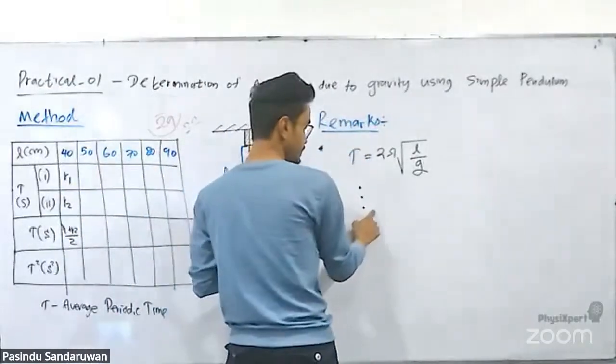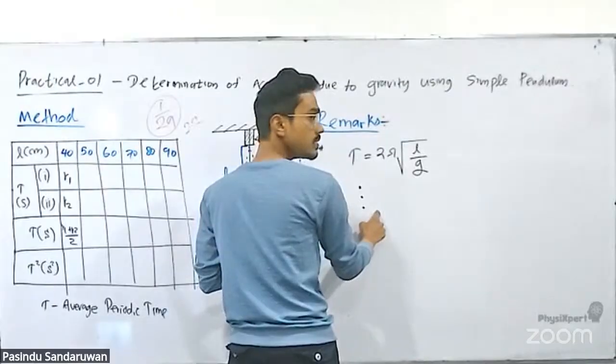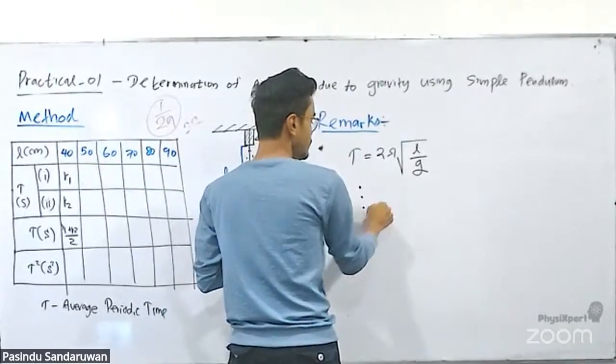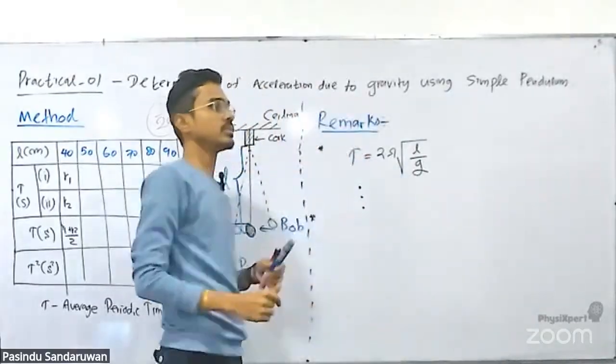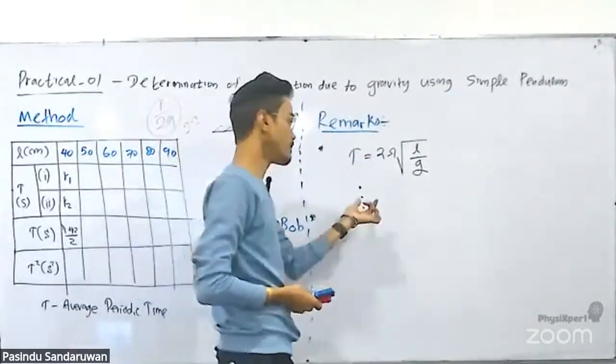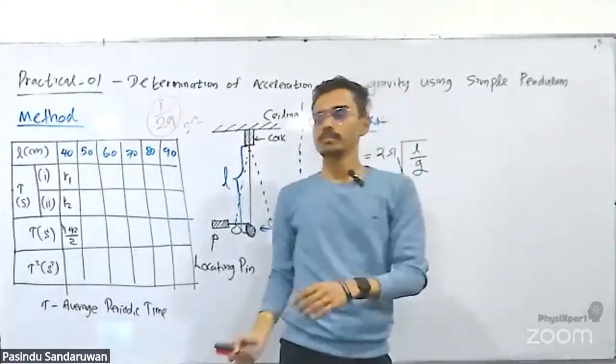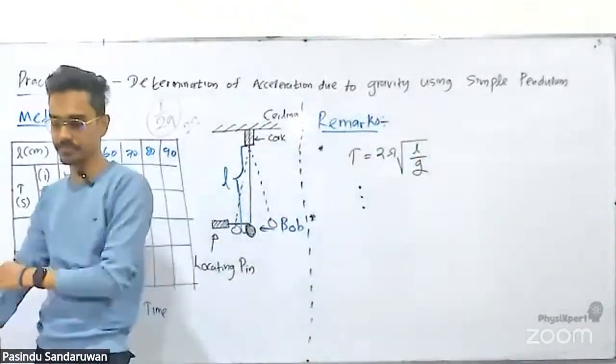Next one: the bob should not be rotating.